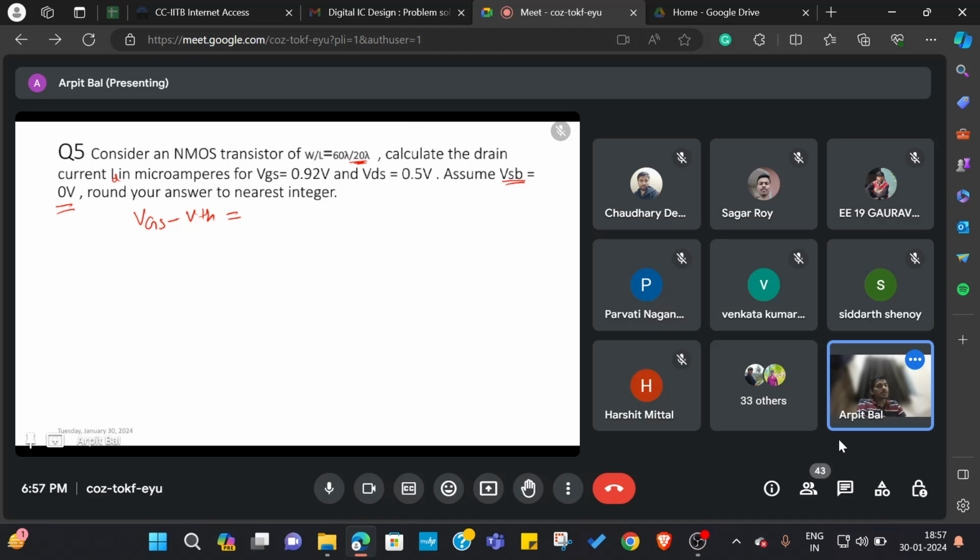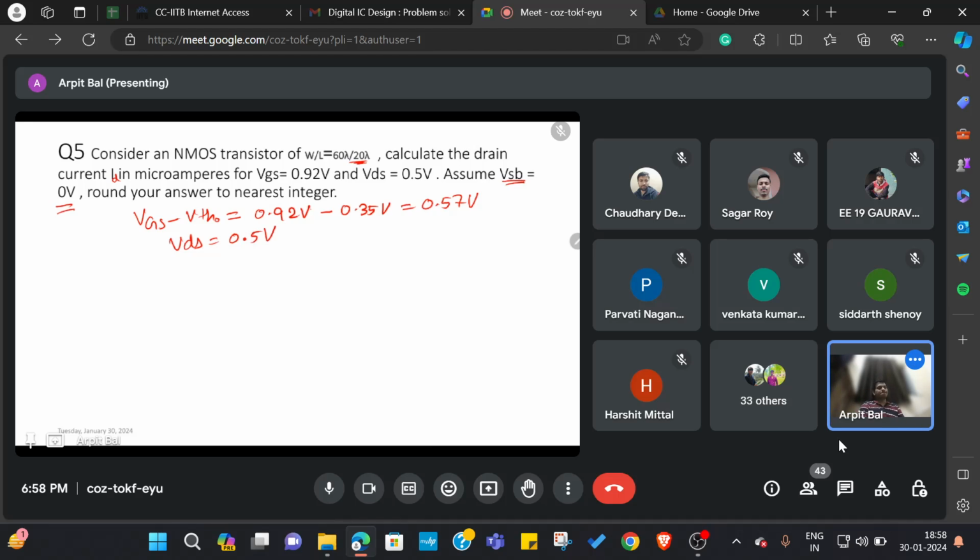So I can write VGS minus VTH naught itself. It is 0.92 volt minus 0.35 volt, that is equal to 0.57 volt, and VDS is equal to 0.5 volt.